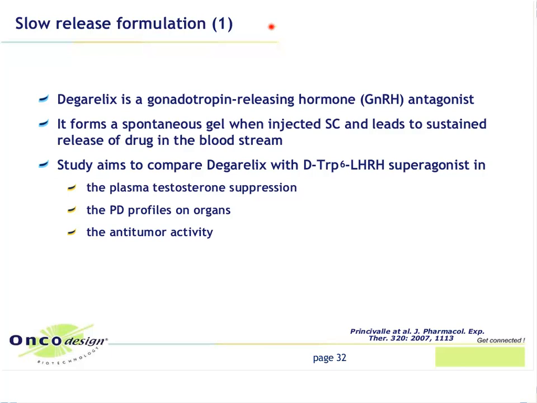And the study aim was to compare Degarelix with Detripsis, an LHRH super agonist, since this drug was approved previously on the market. And as a PD endpoint, we studied the plasma testosterone suppression, the PD profile on organs, and for sure the anti-tumor activity.